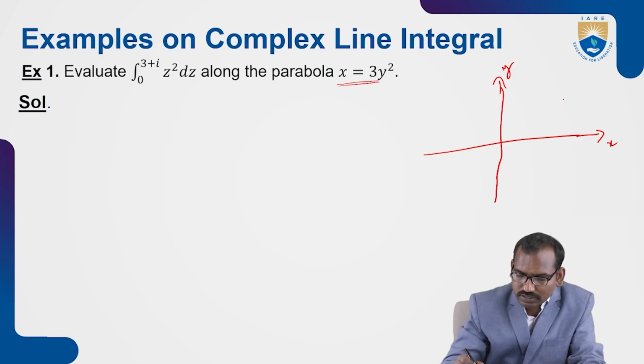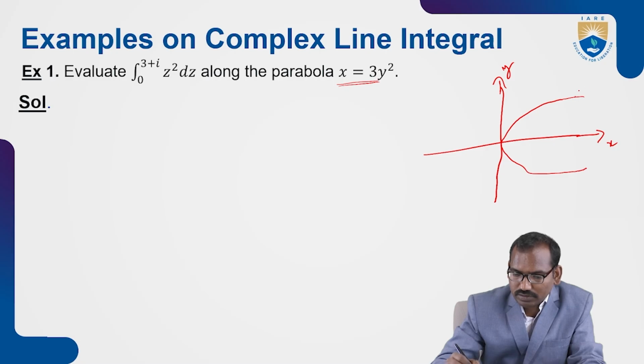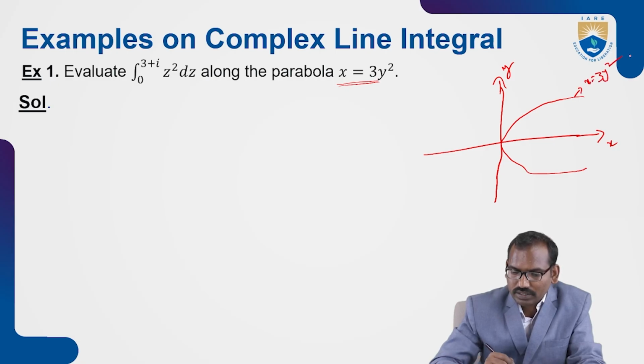So it is of the form x is equal to 3y square. And here there are 2 points. z is equal to 0 is this point.